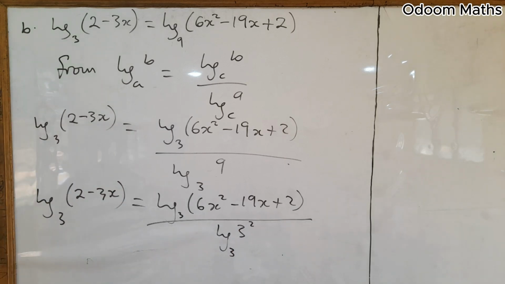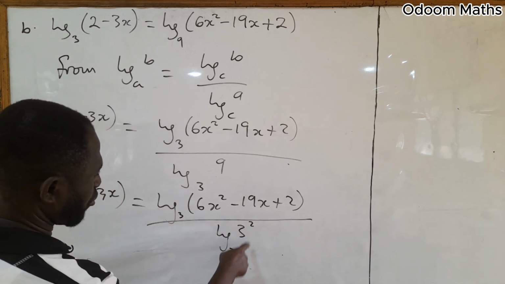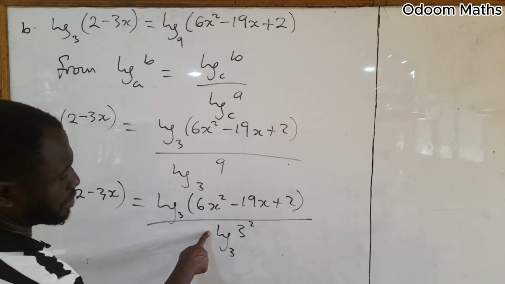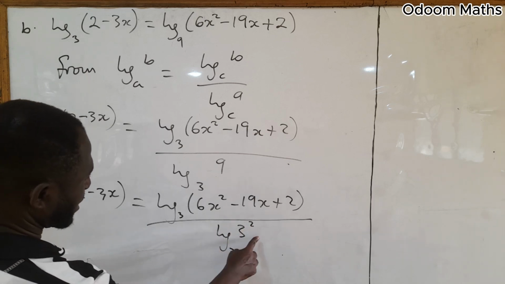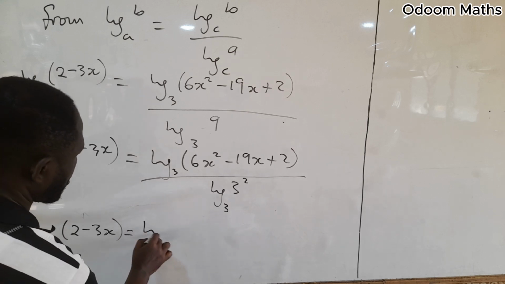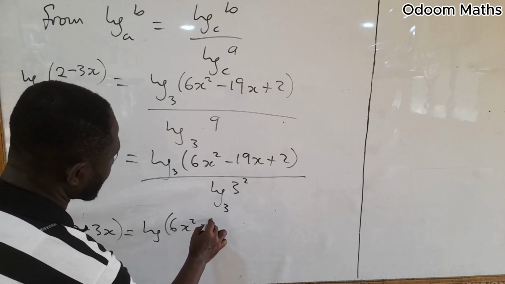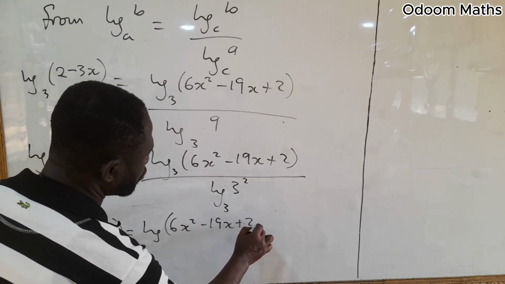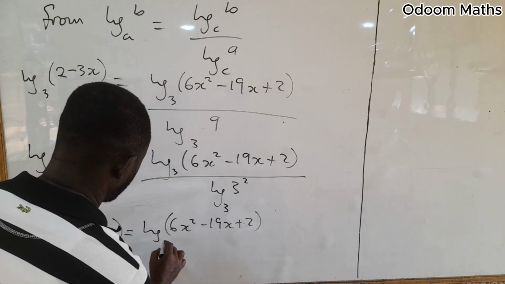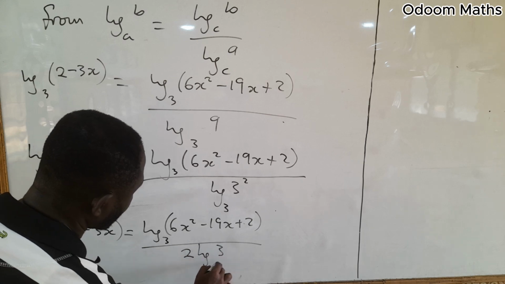Okay, and from here we can invoke the third law. That is, this 2 should come and multiply the log 3 base 3. So log 2 minus 3x base 3 is equal to log 6x squared minus 19x plus 2 base 3 over 2 log 3 base 3.